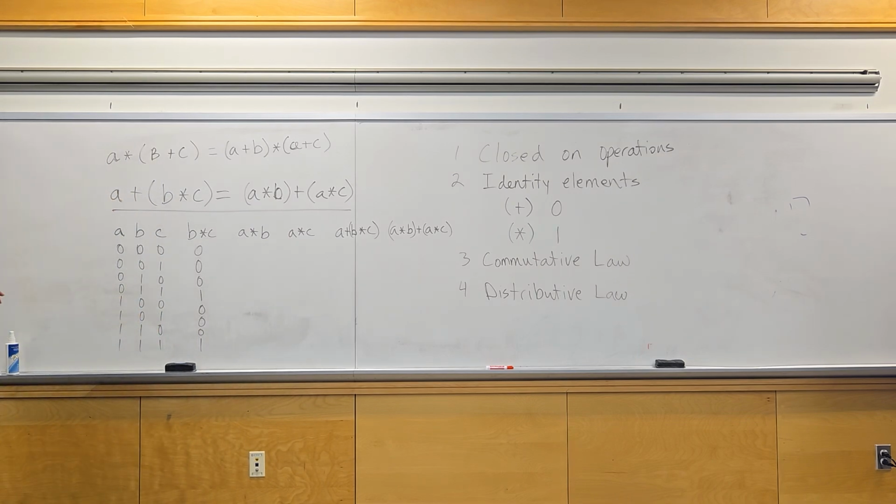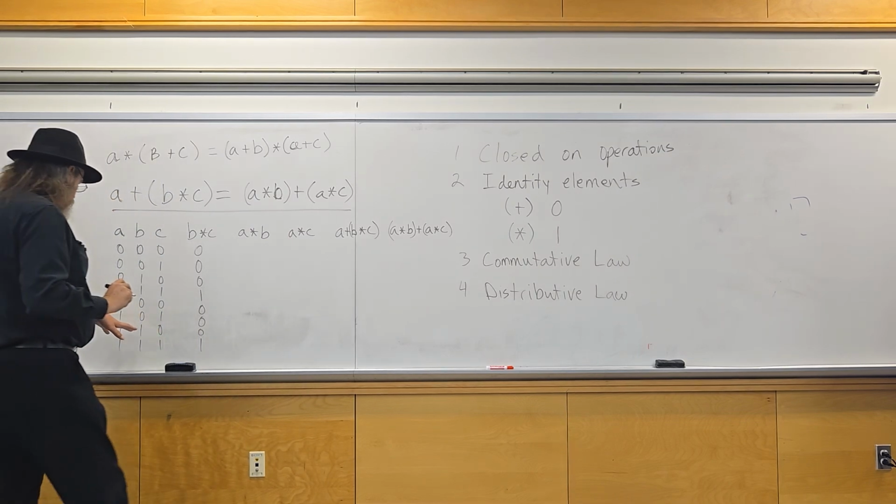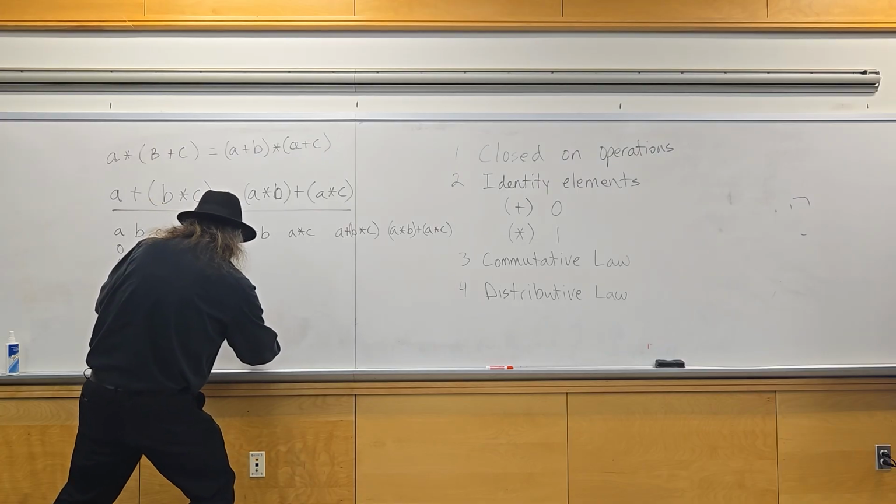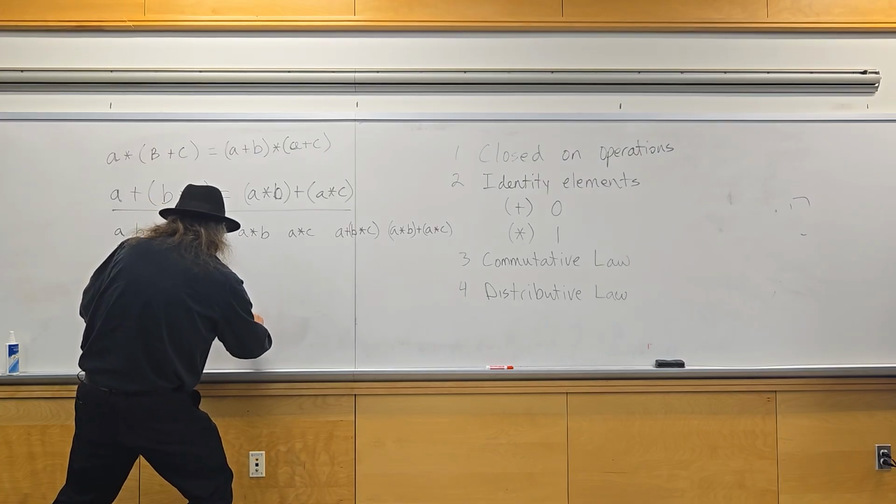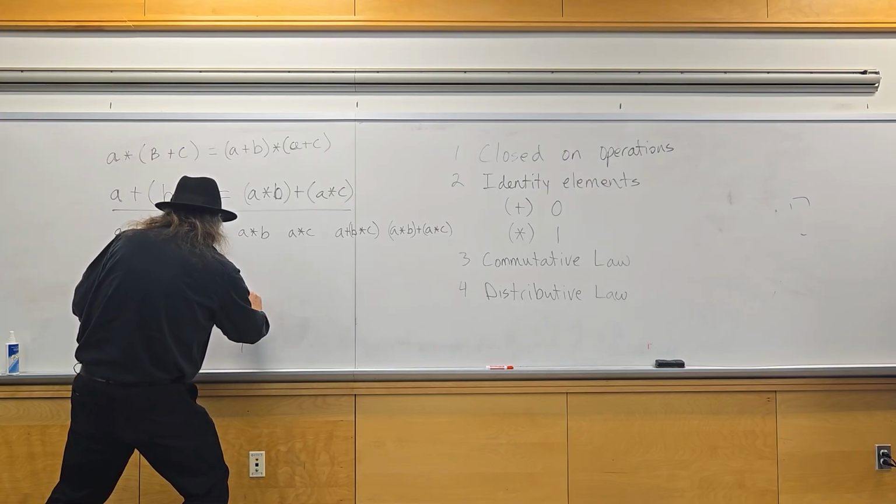A and B are going to be 1 down here and 1 down here and 0 everywhere else.